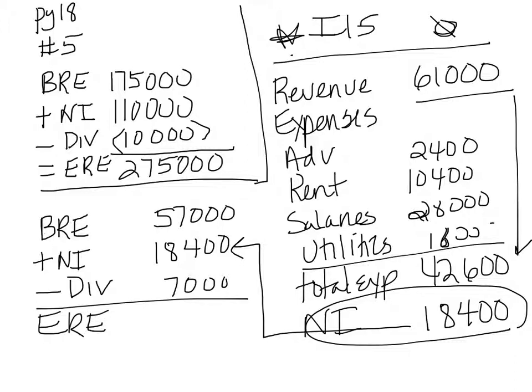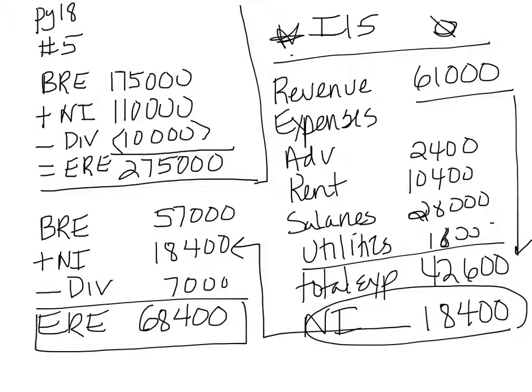So if we go back to our calculators and do the math, 57,000 plus 18,400 minus 7,000 gives us ending retained earnings of $68,400.